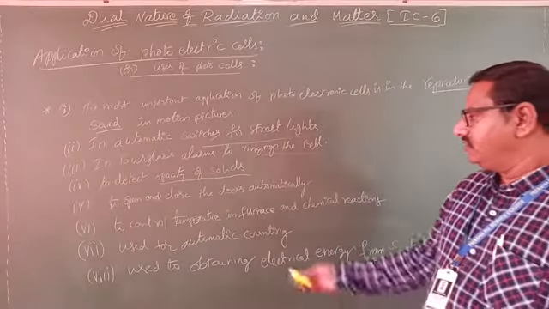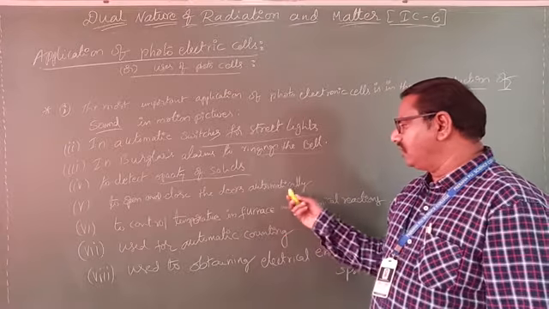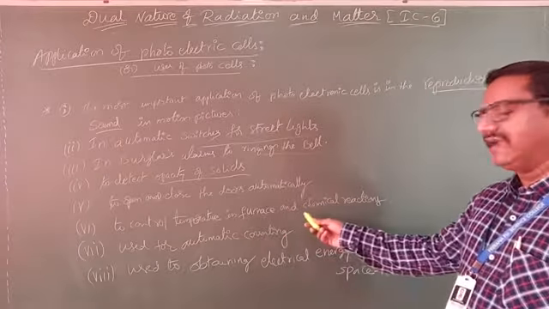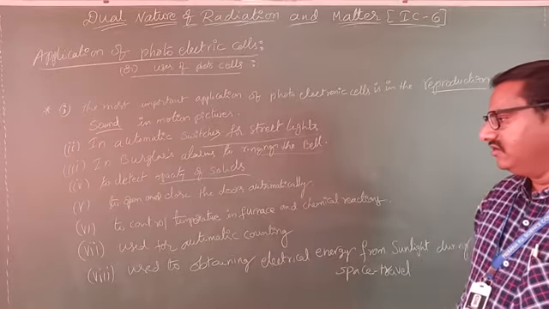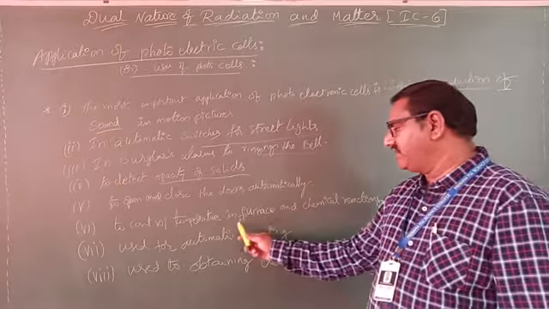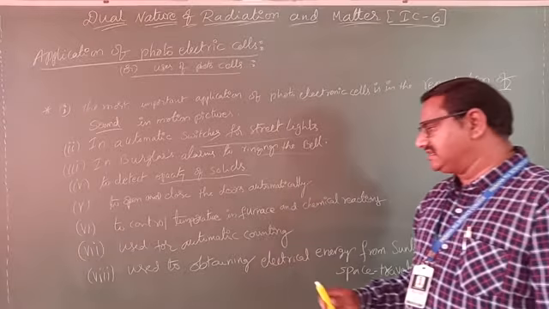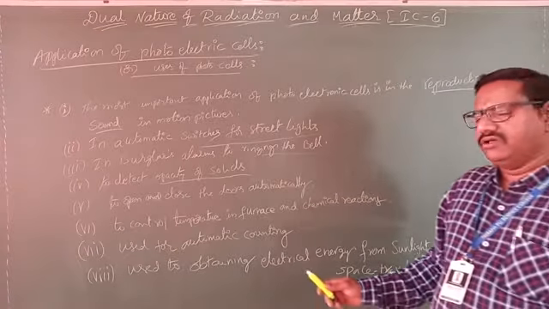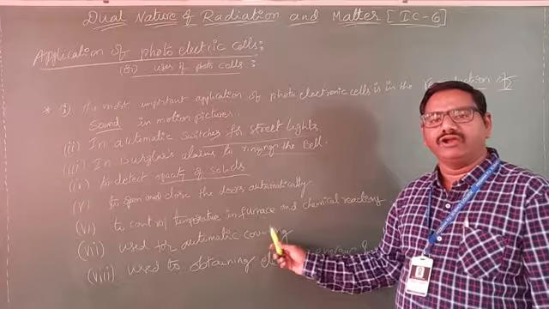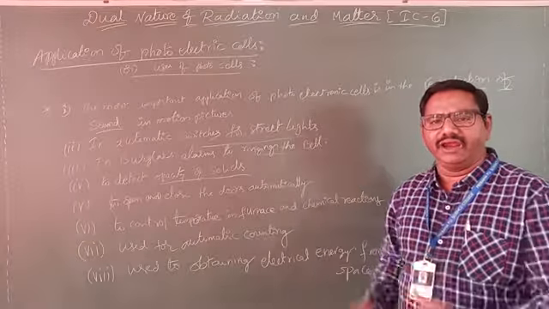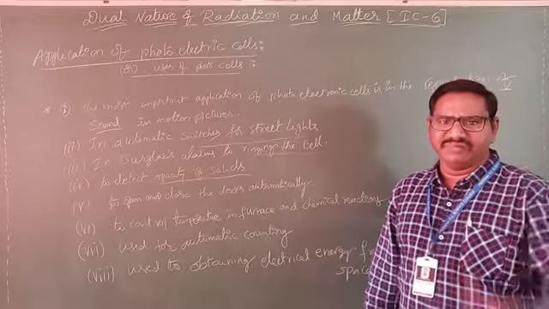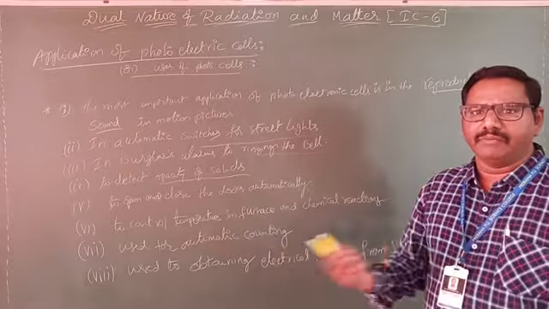Clear? So, to open and close doors automatically, to control the temperature for ovens and chemical reactions, and to use it for automatic counting. Maybe when we make a lot of parts for a machine, we need to count how many parts we made.